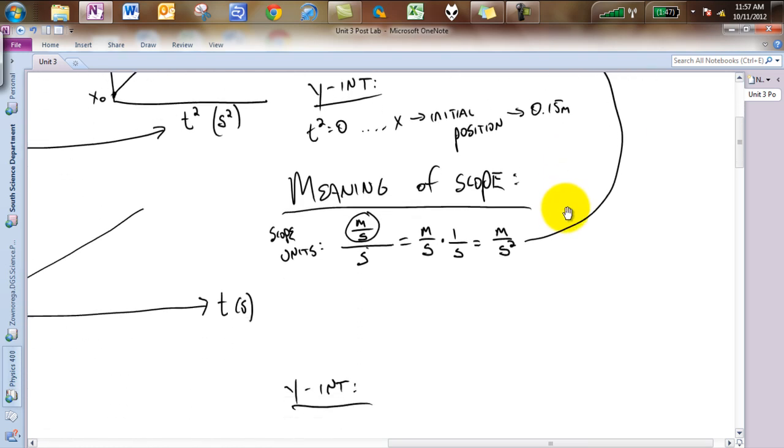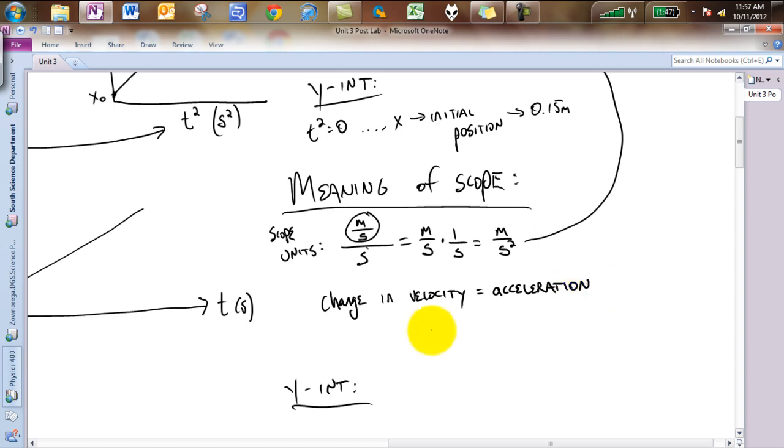However, you also note that this is a meter per second, which is kind of like talking about your change in velocity. And so I should probably be a little bit more specific. It is the rate of change in velocity. So we have a word for this. This is called acceleration.